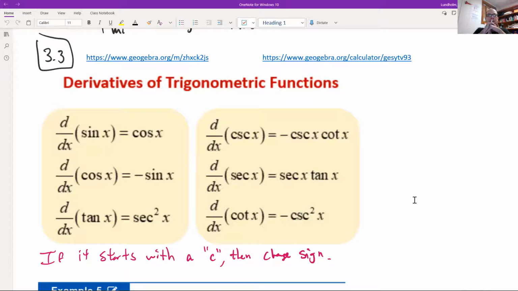One of the ways to remember which way the signs go is that if the original function that you're starting with starts with a c, so cosine, cosecant, or cotangent, the derivative ends up changing the sign. So negative sine, negative cosecant cotangent, or negative cosecant squared. Yeah, these are things that it would be good to memorize.